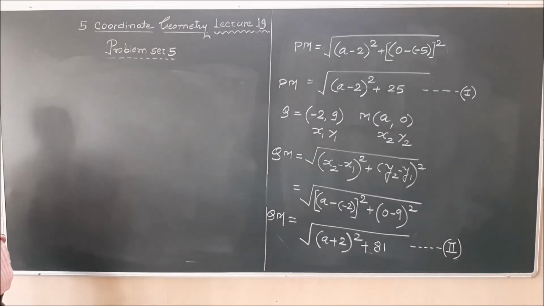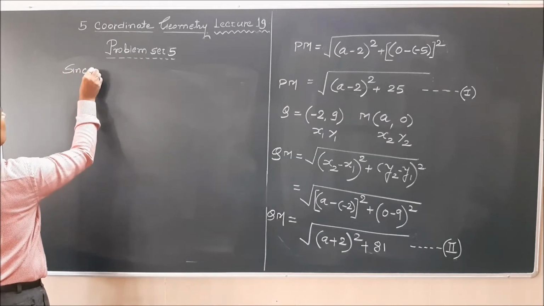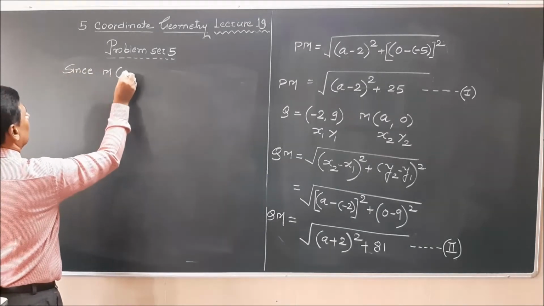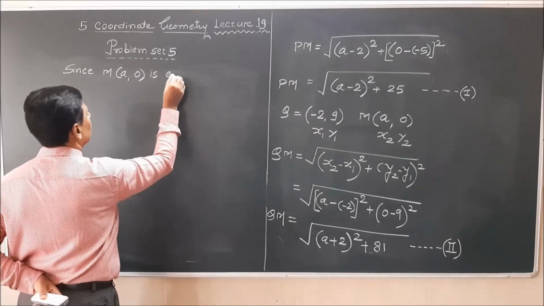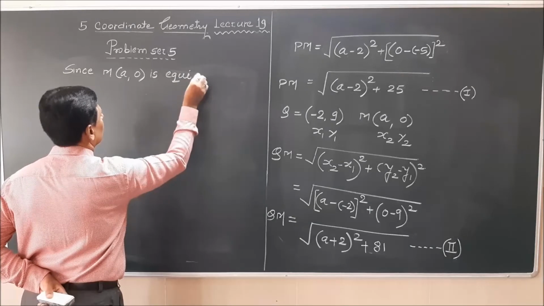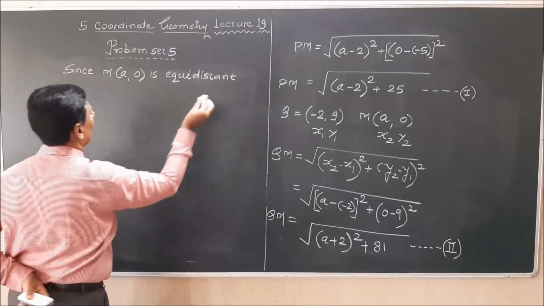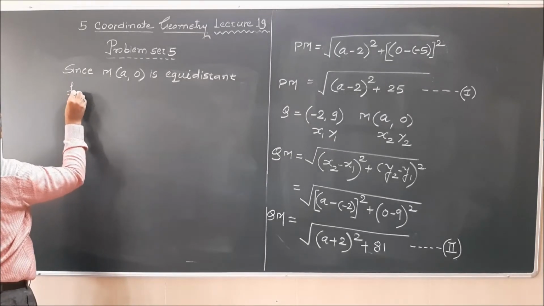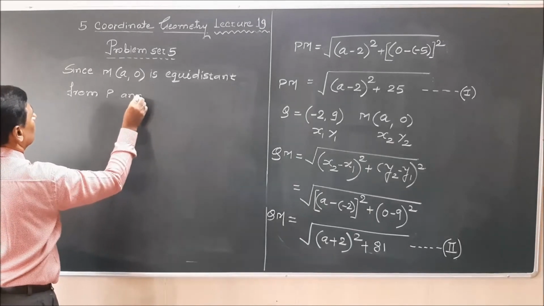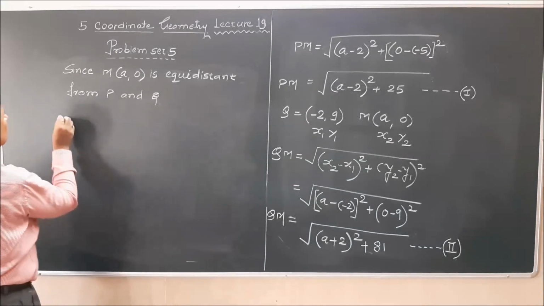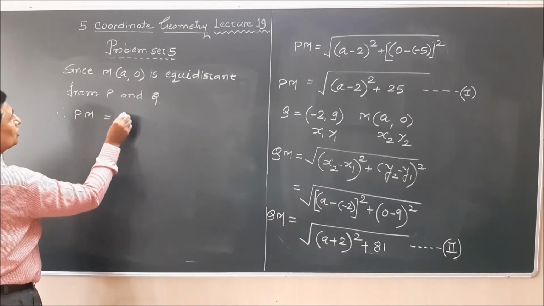Our next step is since M, a comma 0 is equidistant from P and Q, therefore PM is equal to QM.